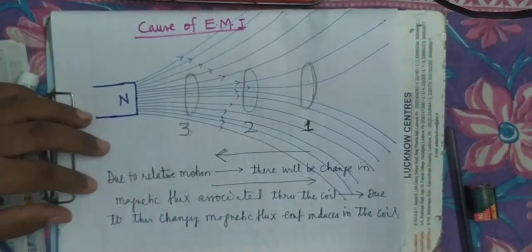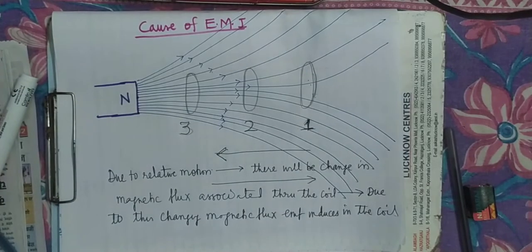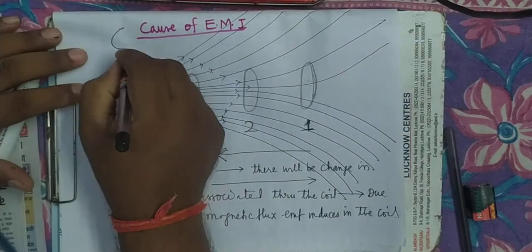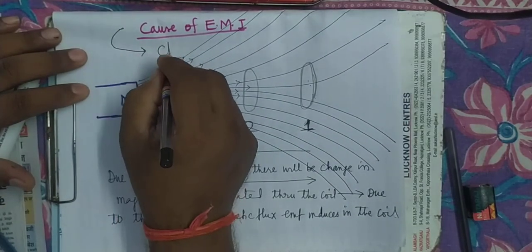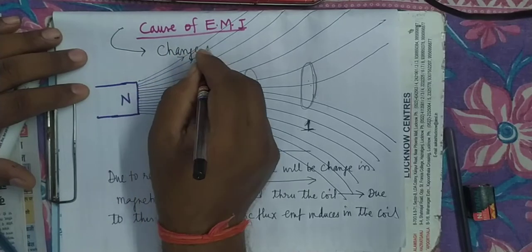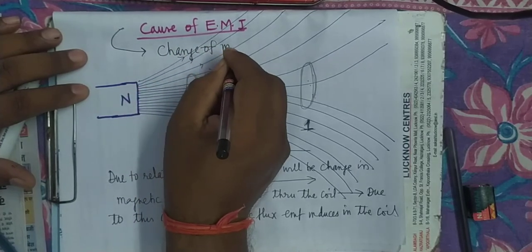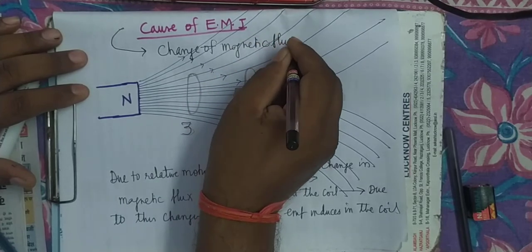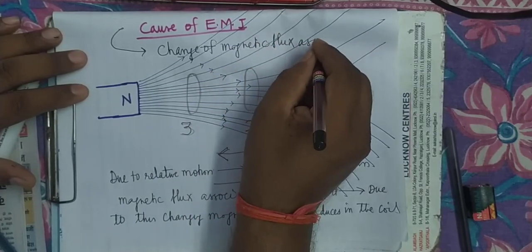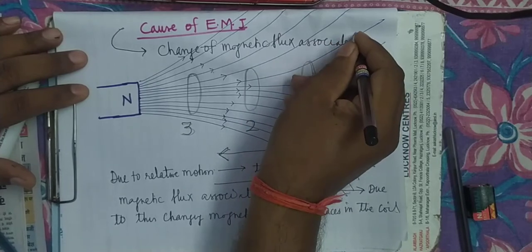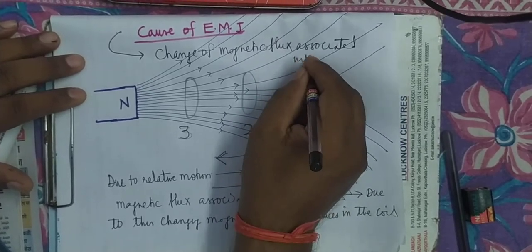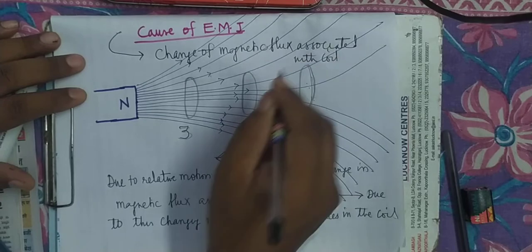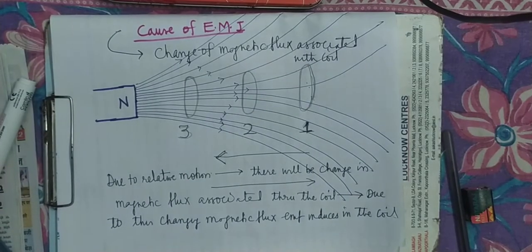Now see here. What is the real cause of electromagnetic induction? It is the change of magnetic flux because of the relative motion. Change of magnetic flux associated with the coil. This is the real cause. Now see here.